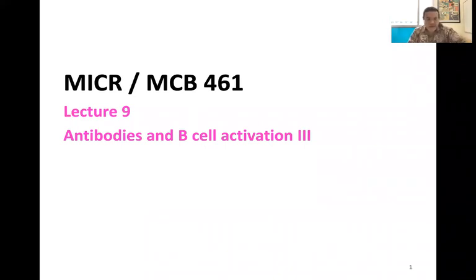So last time we were introducing how B cells make immunoglobulins, and we were talking about the process of VDJ recombination, which is a pretty complicated process and I think a very difficult concept to get comfortable with.